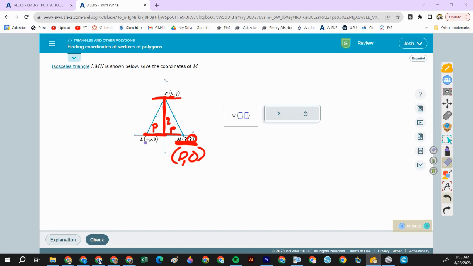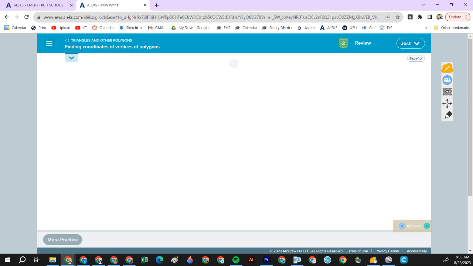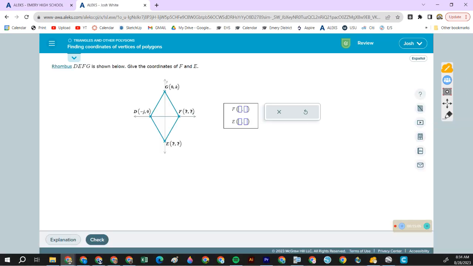Okay, let's look at a different example. All right, I need to label this. The distance from here to here is J, and the distance from here to here is K. So what would the coordinate of F be?